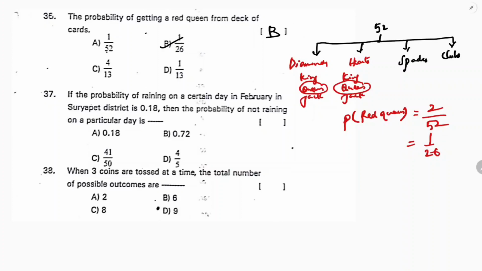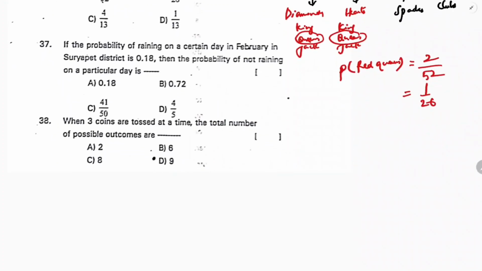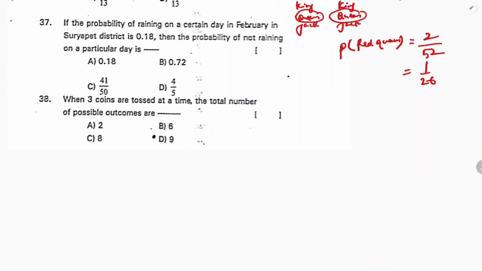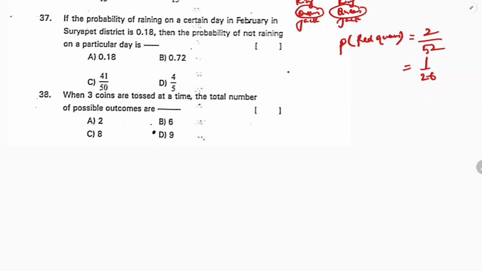If the probability of raining on a certain day in February in Suryapet district is 0.18, then find the probability of not raining. Probability of an event plus probability of a not event is 1. Event is 0.18 plus not event, which is 1.